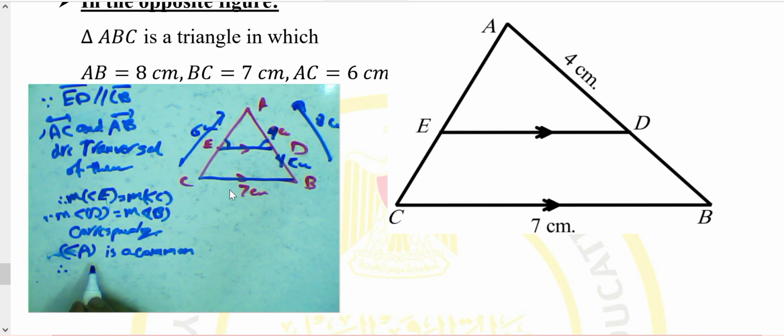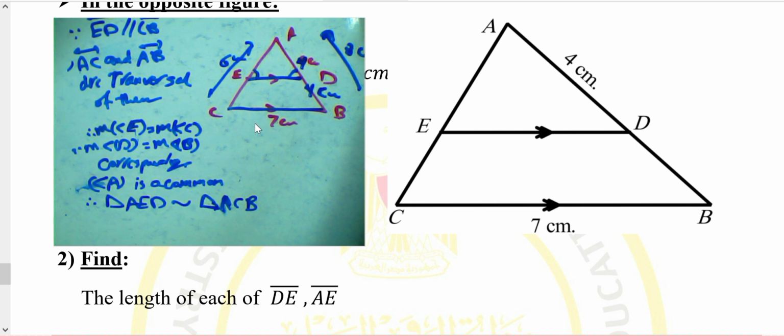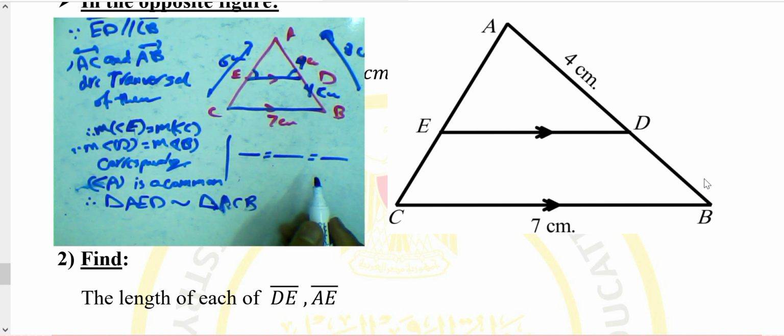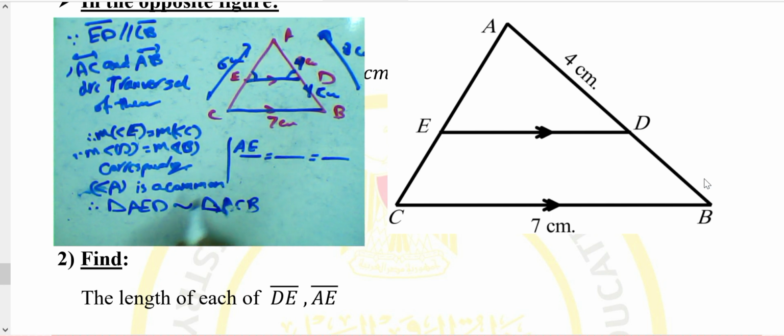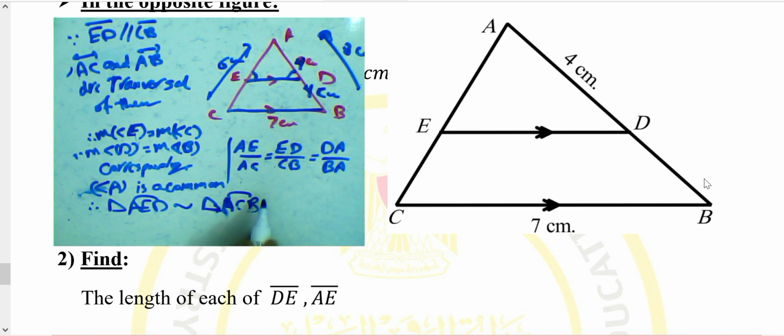Then the first triangle AED is similar to ACB. They are similar. And then he wants us to find the lengths of DE and EA. Okay, we can write the ratio here: AE over AC equals ED over CB equals DA over BA.